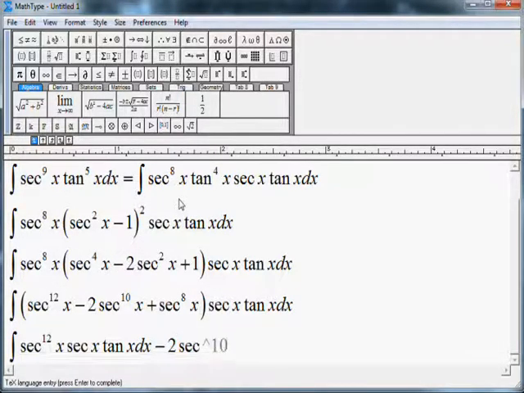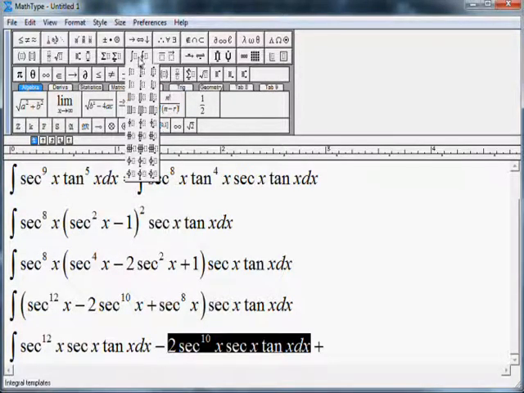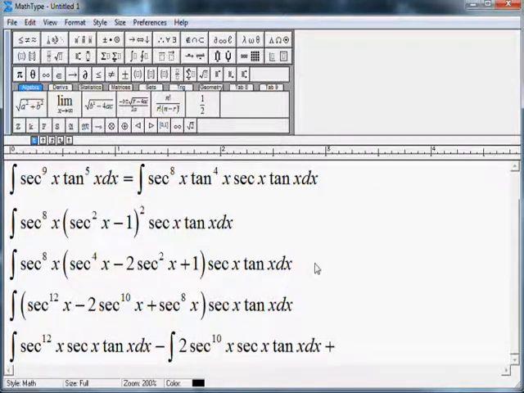And we're not combining the secants for a reason here. You might be able to see it already.